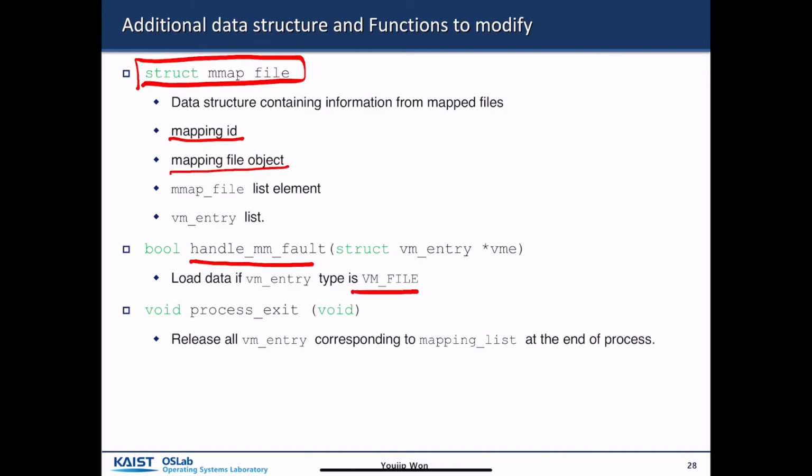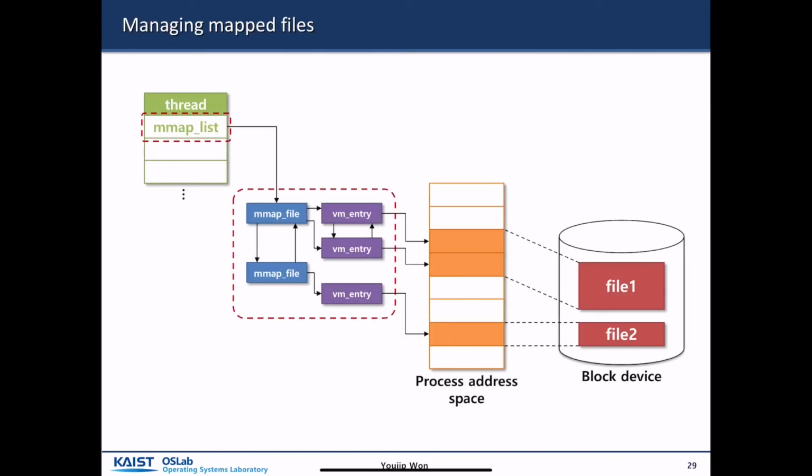When exiting a process, it needs to release all the VM entries corresponding to the mapping list at the end of the process. So you have to add a new field called mmap_list. This is a set of memory mapped objects associated with a thread. And in this figure, this is the data structure you need to add to the existing Pintos operating system implementation.